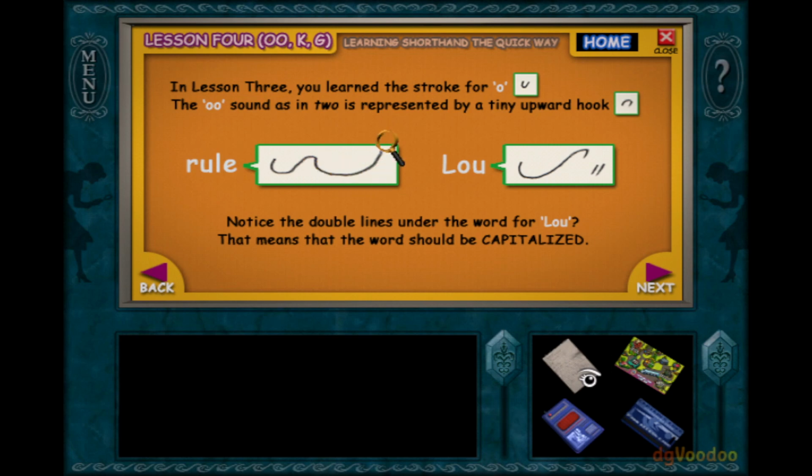And there's L. Okay, so notice the double lines under the word low. That means that the word should be capitalized. Okay, so there were double lines like this.